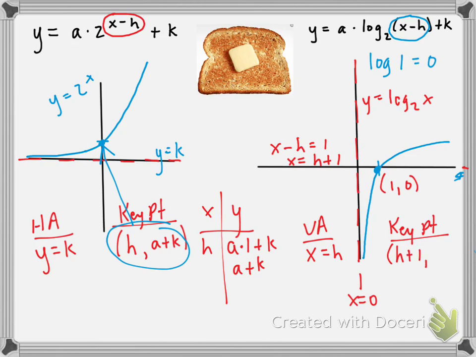Then that takes away the log, that makes the log expression 0, and you just get k. So I would caution you about remembering those coordinates of the key point, because all you have to do is find an x value that makes the argument equal to 1, and then you can easily find the y coordinate of that key point.